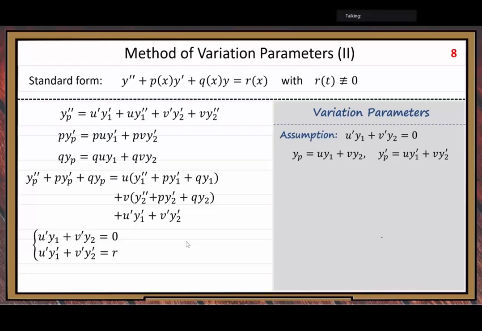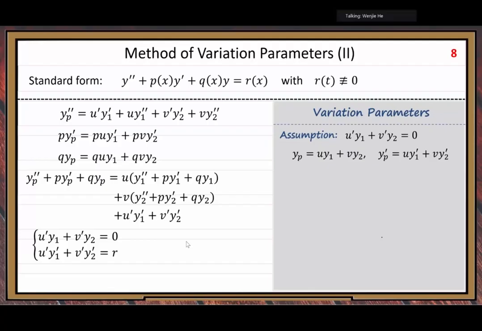Here we can treat them as unknown variables, because function variables are the same thing, objects. Then y1, y2, y1 prime, y2 prime, we treat as known coefficients.